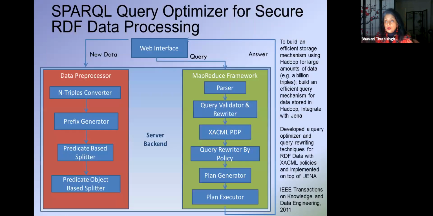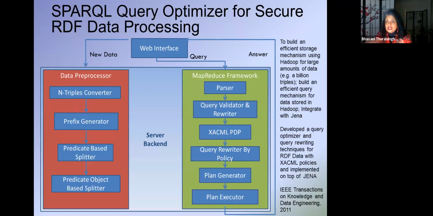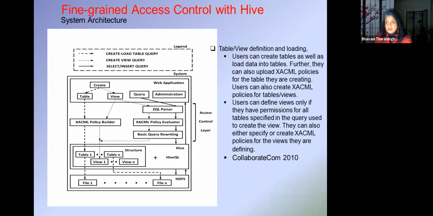But then we wanted to do this also for SPARQL, because Hive was a great relational database, that is, structured, right? But we wanted also to work with video sharing, image sharing, and so on. So we wanted to go with semantic web data. It was great with semantic web data. We were able to specify more policies on video data and image data, and we focused on images as well.